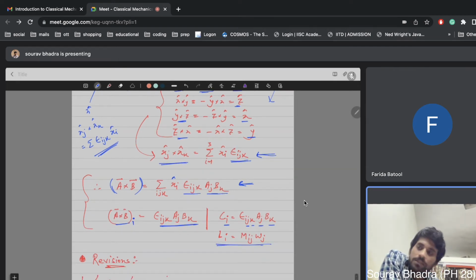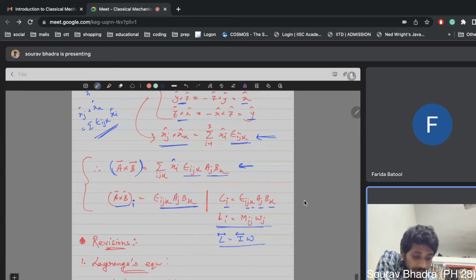You have seen in the moment of inertia chapter also that we got the angular momentum L. In tensorial form, L was I omega, right. Now if you write it in component form, your Li will be Iij ωj.